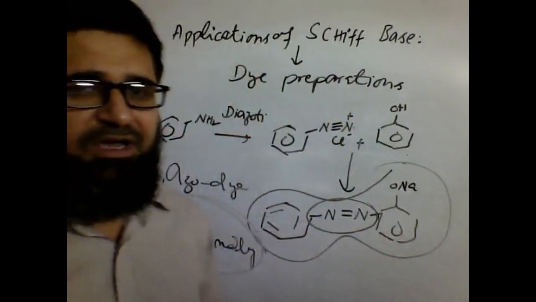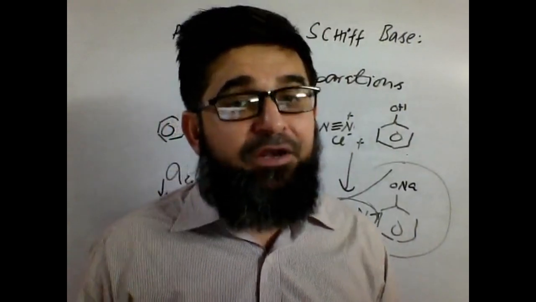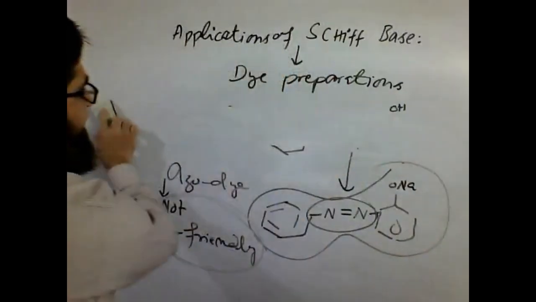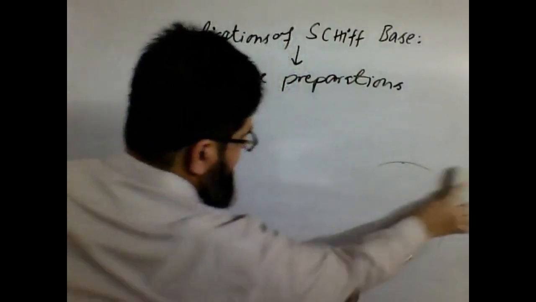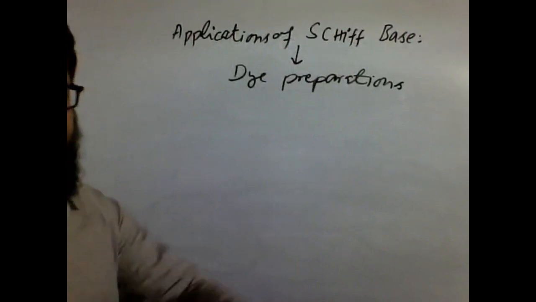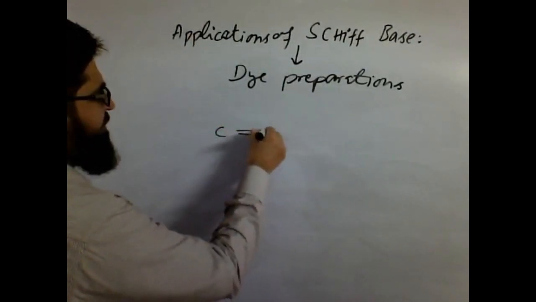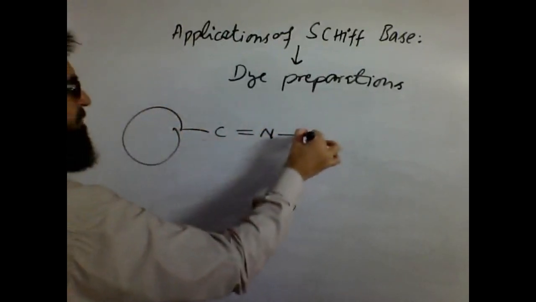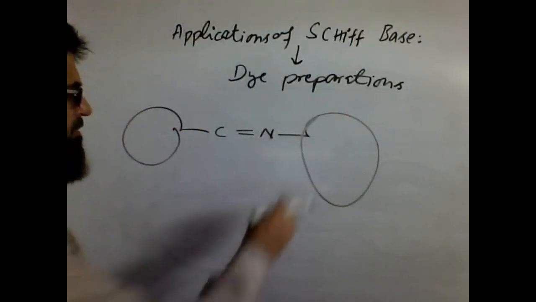So people come in with dyes which carry an imine bond instead of azo bonds, meaning they prepare dyes which carry imine bonds, in fact Schiff bases. Here is some sort of aromatic, any sort of coupler, substituents are around.